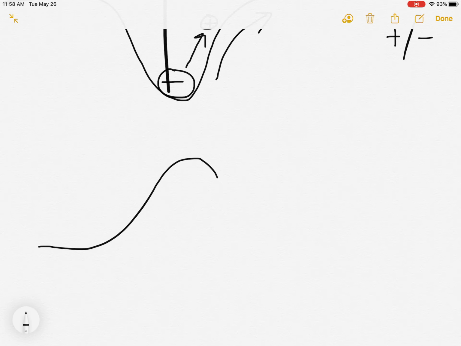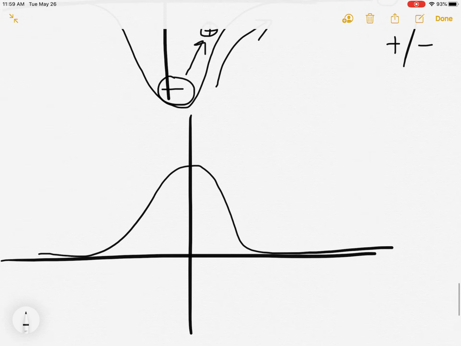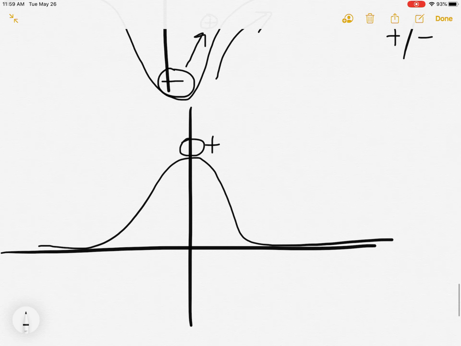But it's also possible to look at an energy hill. And this is kind of the case where you have a positive object here at the bottom of your hill and a positive object. If I had a positive object here, I would not have to push it for it to escape from this well.